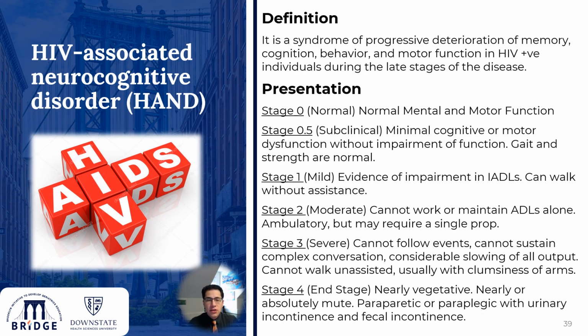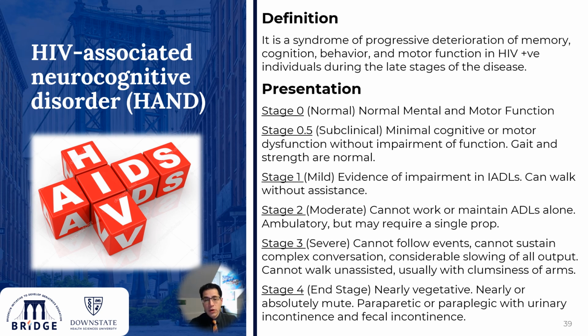So next is HIV-associated neurocognitive disorder, or HAND, which is a syndrome of progressive deterioration of memory, cognition, behavior, and motor function in HIV-positive individuals. Usually it occurs in the later stage of the disease. So the presentation has been classified into 6 different stages, where stage 0 patients are normal mentally and motor functions are absolutely fine.